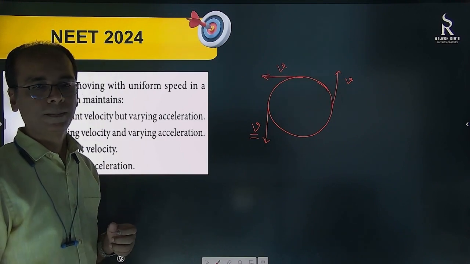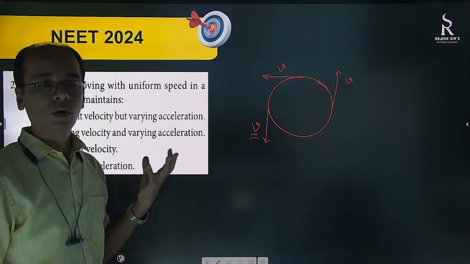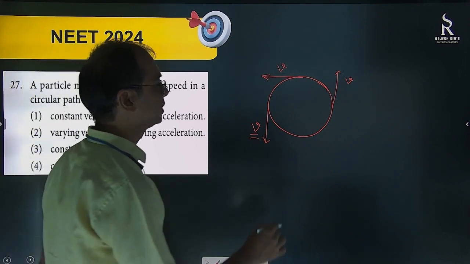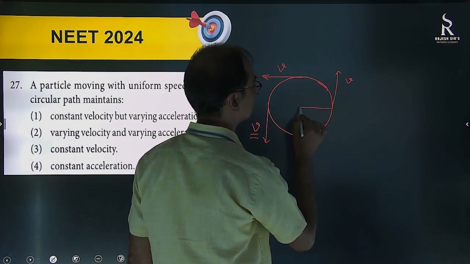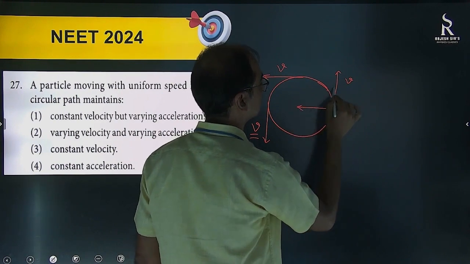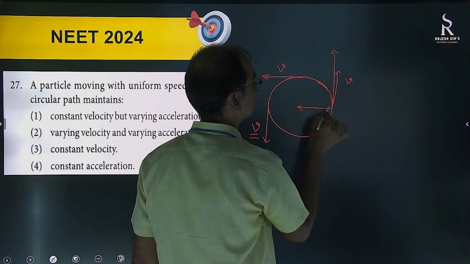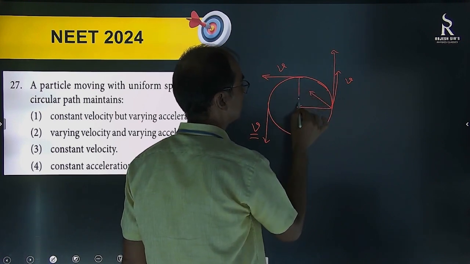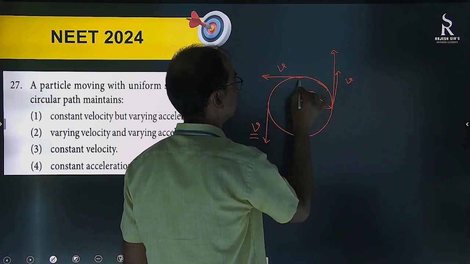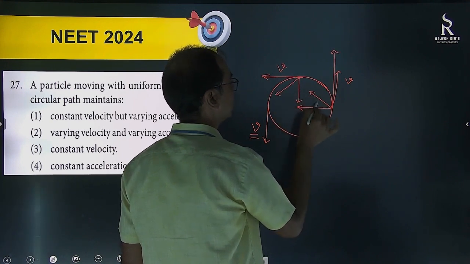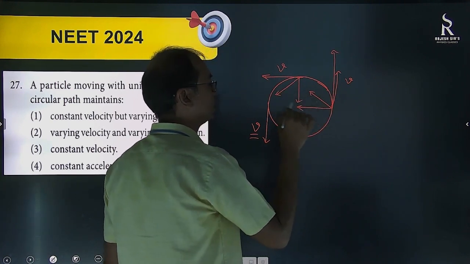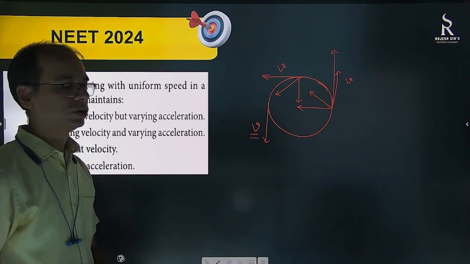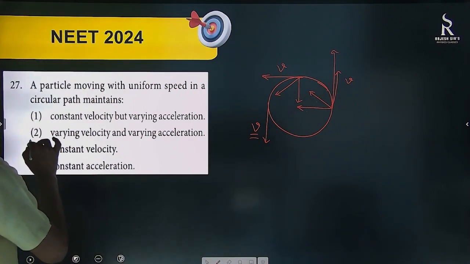Yes, because acceleration also is changing, direction is changing. Always we have centripetal acceleration in this direction, but tangential acceleration is in this direction. So where is the resultant acceleration? Here. But when you talk about this point, centripetal is like this, tangential is like this, so it is in this way. So direction of acceleration here is changing. Direction of velocity also changing, direction of acceleration also changing. So we'll go for second option.